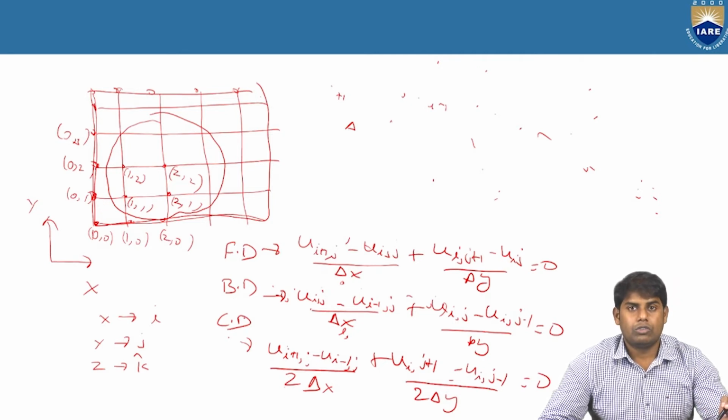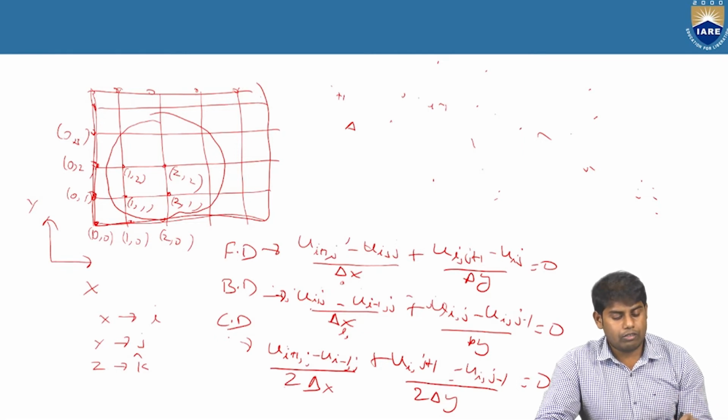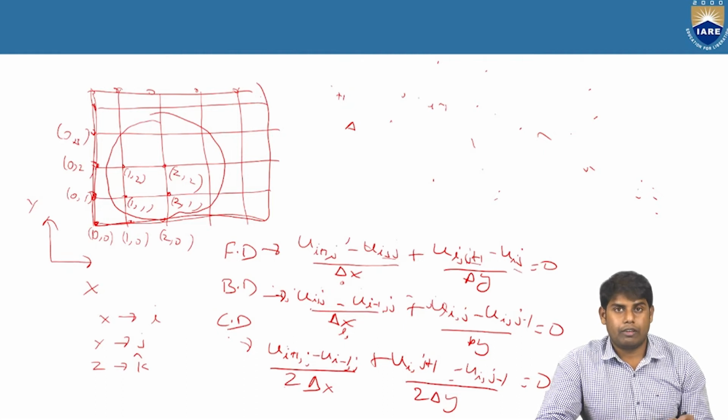Okay, so for the forward difference scheme, you have the (i+1, j) point and the (i, j) point. Here you have the (i, j+1) point, and here you have the (i, j) point.